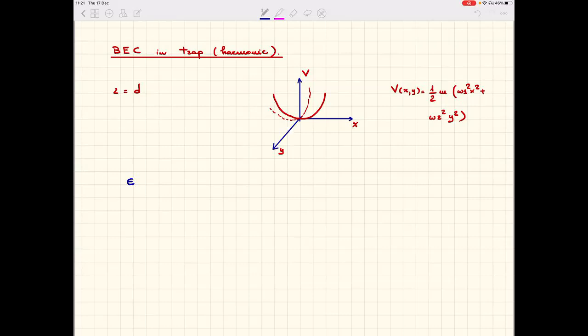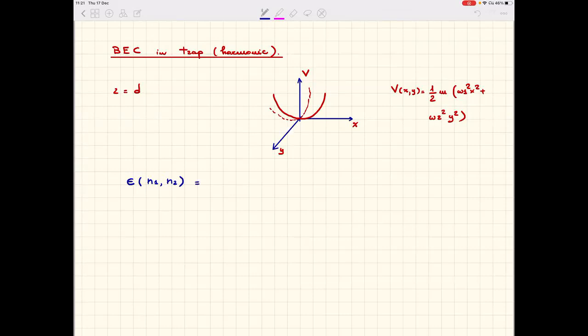Exactly. So the spectrum needs, in order to specify an energy level, two quantum numbers, n1, the principal quantum number for the harmonic oscillator essentially in the x direction, and n2, the principal quantum number for the harmonic oscillator in the y direction.